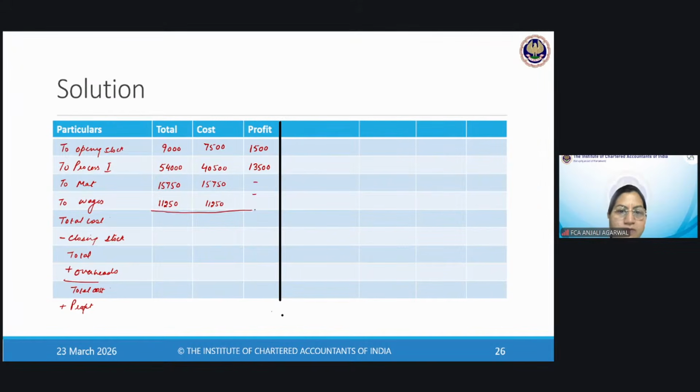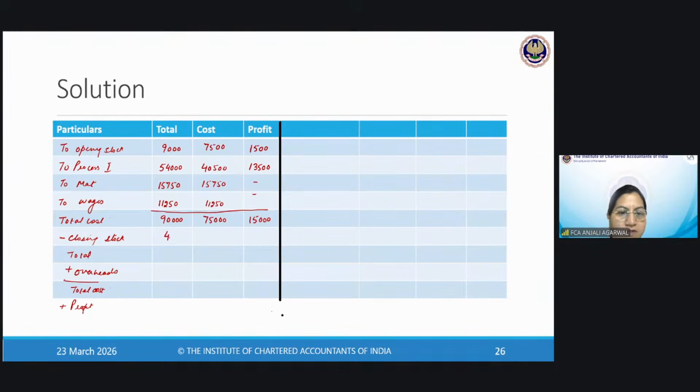Once again, you will take the total: 9,000 plus 54,000 plus 15,750 plus 11,250. So this is 90,000, which has an inter-process profit of 15,000. So its cost is 75,000.